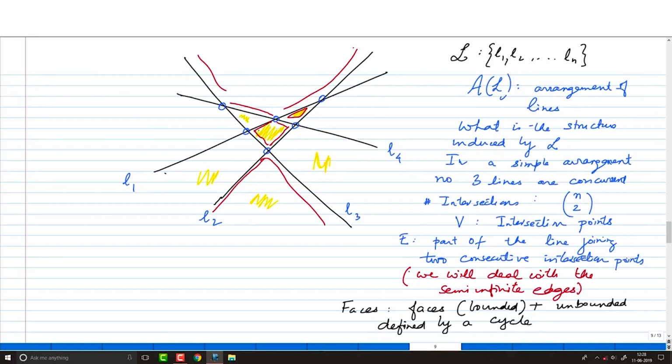It still remains planar, right, and once it remains planar, we can apply many properties of the planar graph. That is the reason.